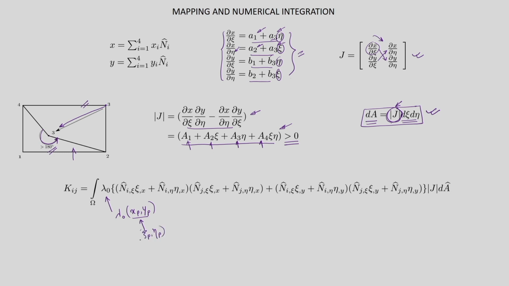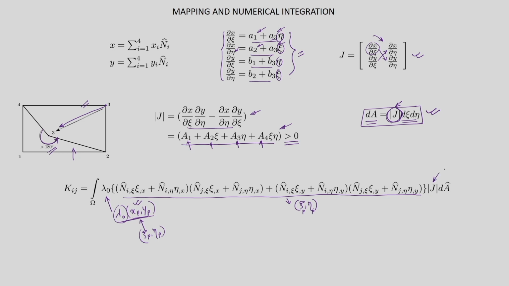From a given point in the master element, we calculated the corresponding point in the physical element and evaluated the function to get the value of lambda naught. The rest of the terms we have already calculated, and we have seen that this is a function of xi and eta. So, we can evaluate this at any point xi p, eta p in the master element.